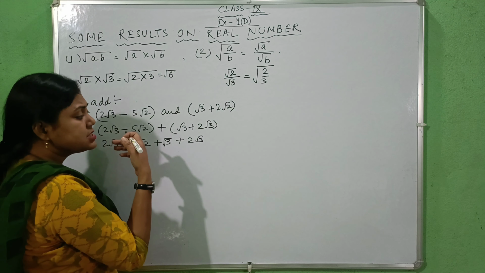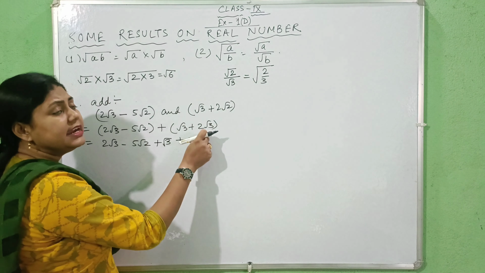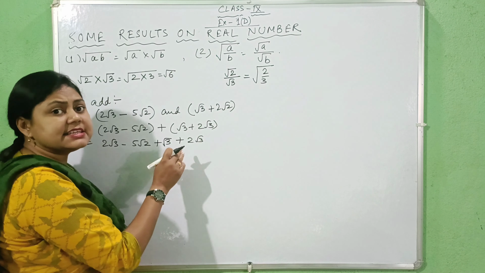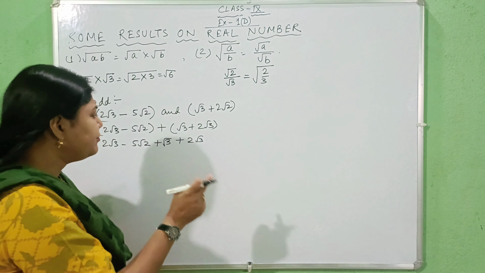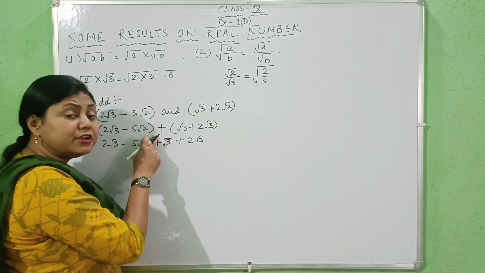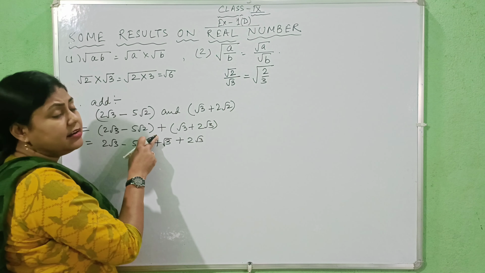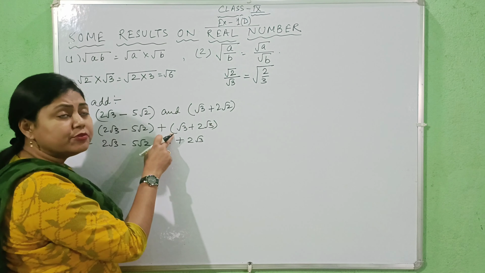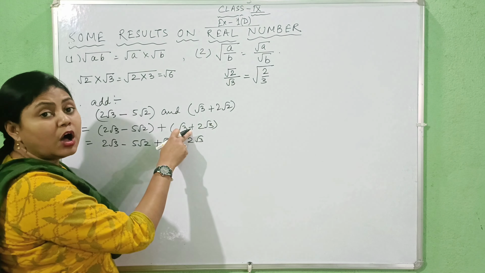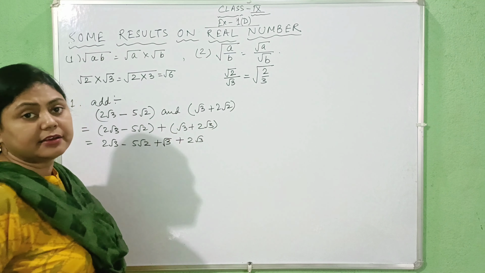You can just remove the bracket and whatever is inside it, you put in the next line as it is. Okay. But if there is a negative sign in front of the second bracket, then you should be very cautious, and whenever you remove the bracket, you need to multiply the minus with all the signs present inside the bracket.